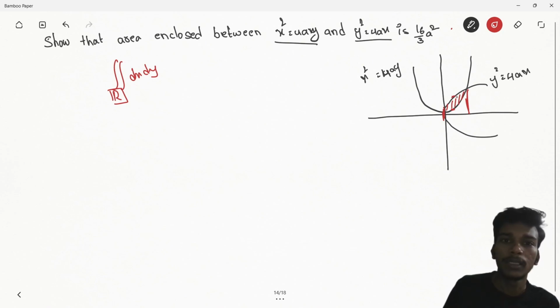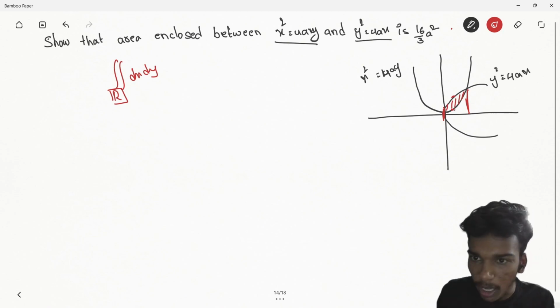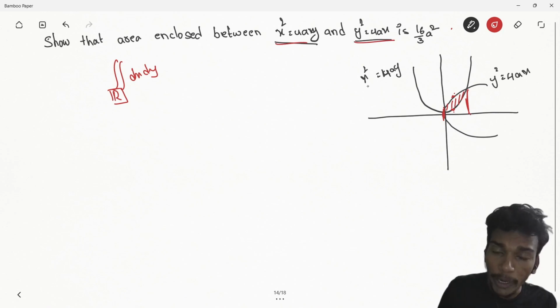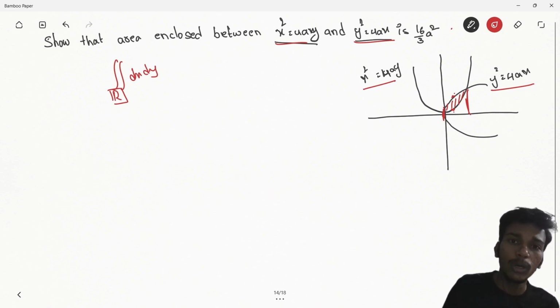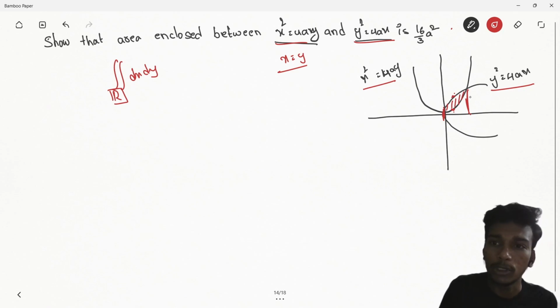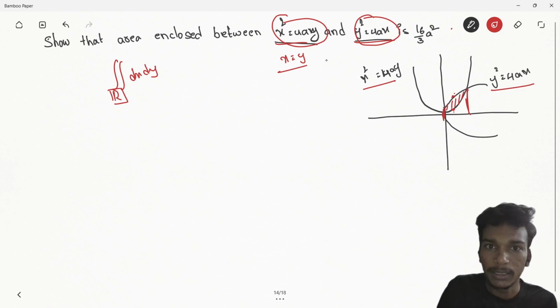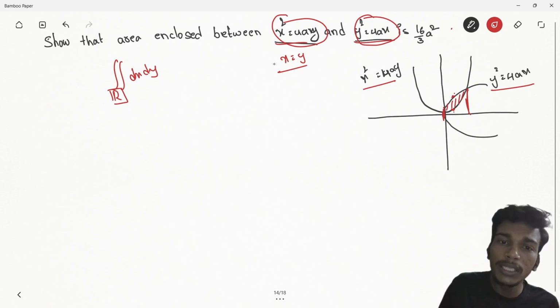Now a point has to be on this curve and this curve simultaneously, and that is possible if and only if x equals y. The point of contact: when we closely look at these functions, both are the same functions, but the variables are interchanged. So for these types of functions, it is possible to have a point of contact only when both the variables are equal.